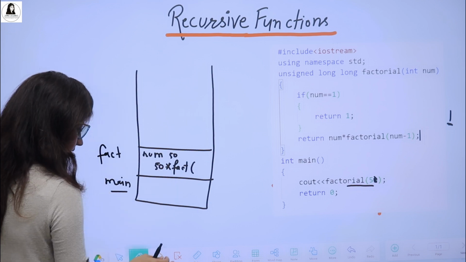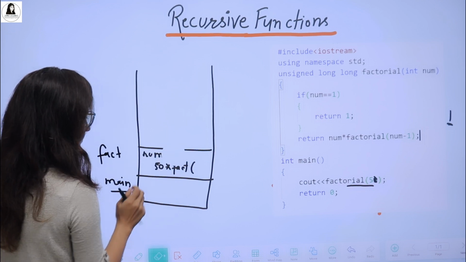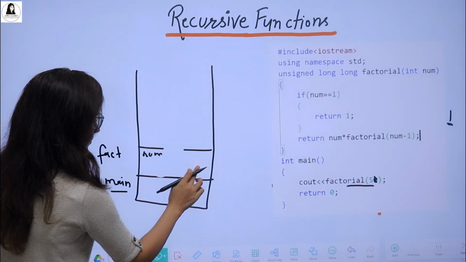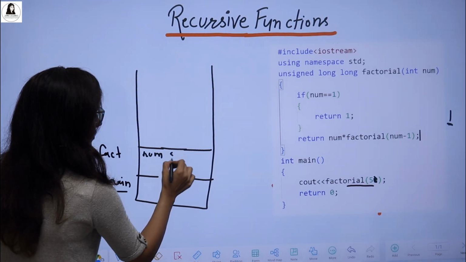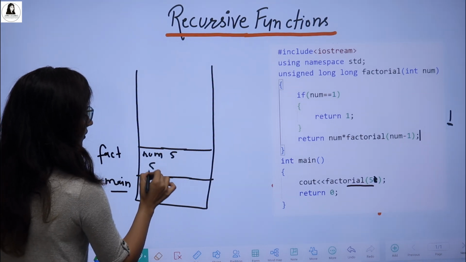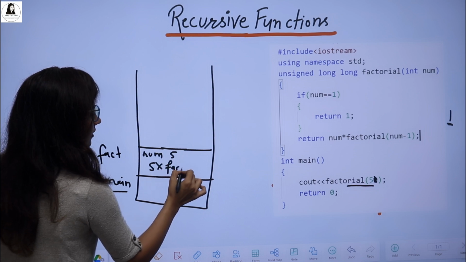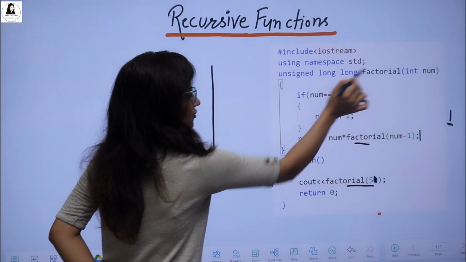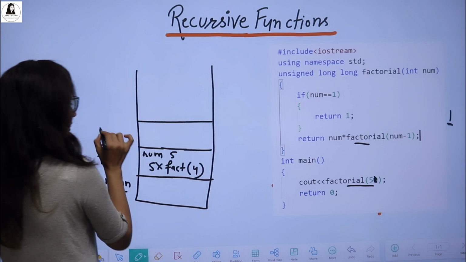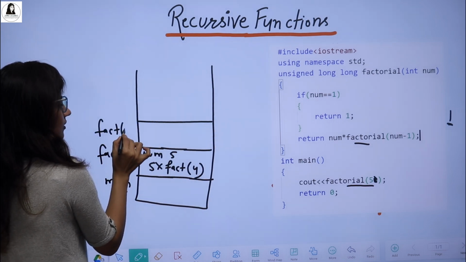So here we are writing simply 5. In num we have 5, and 5 into fact 5 minus 1, 4. Means it will call this function again. So again an activation record would be pushed for fact 4.